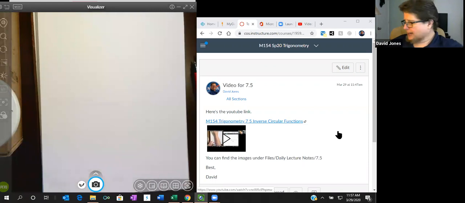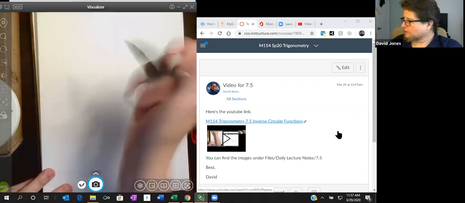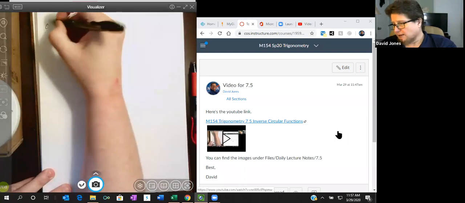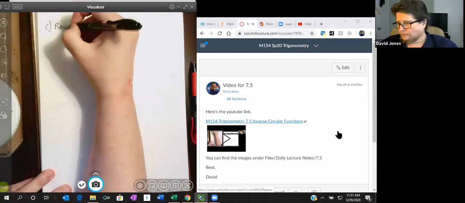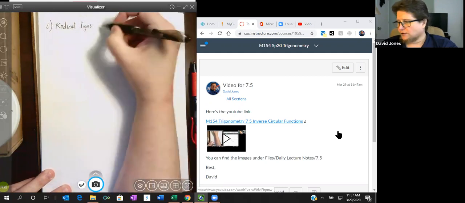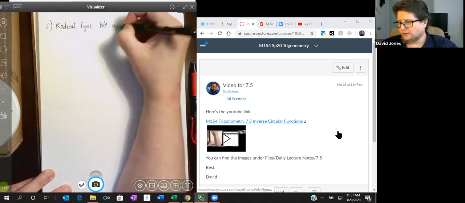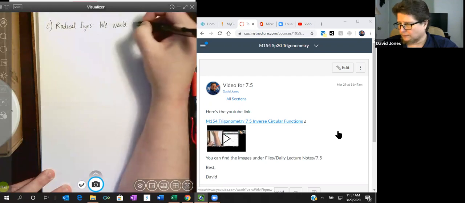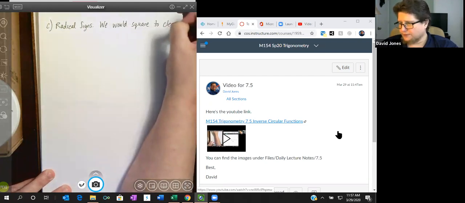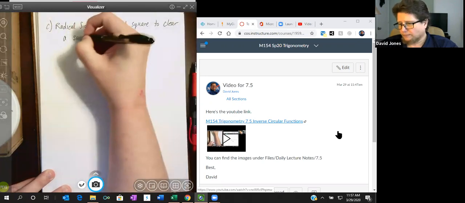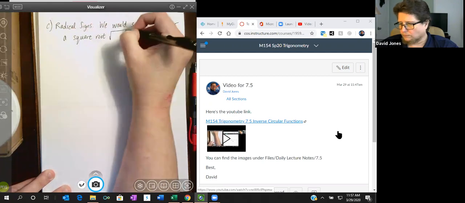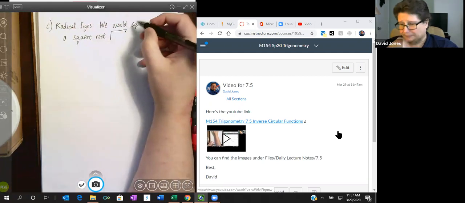The other option we had, if there were radical signs, we would square to clear a square root. That kind of idea.